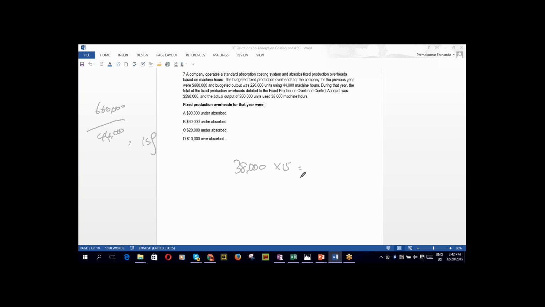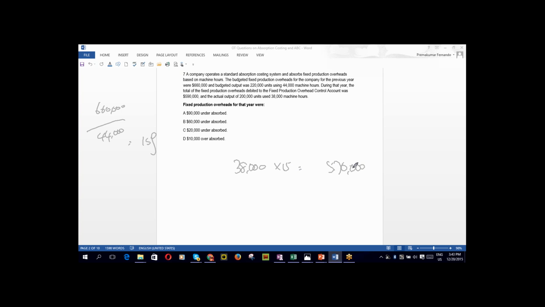What we will take is 15 into 38 as the amount that should go into the absorption. 15 is the machine hour rate, the number of hours used is 38,000, so 570,000 is the amount that we will absorb into the production.